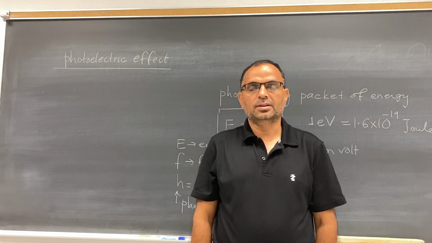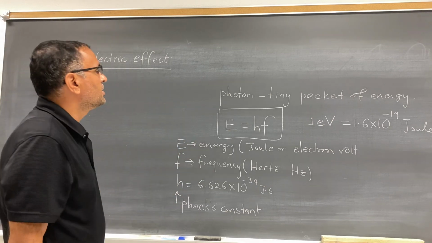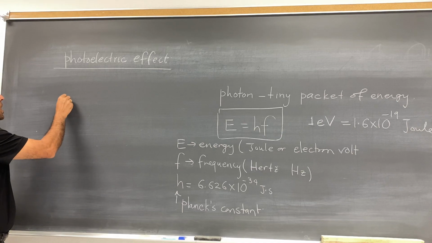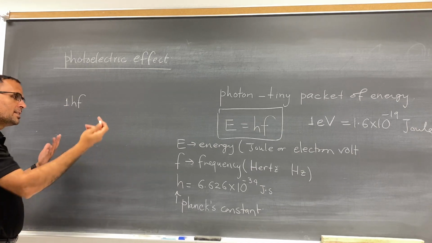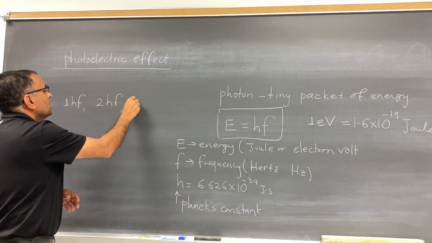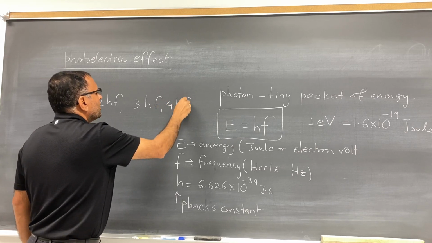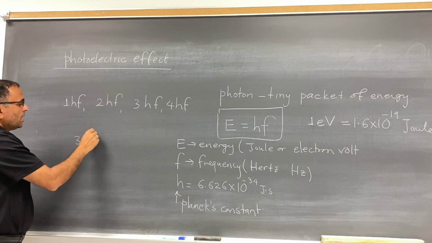You can write the energy as 1 times HF, or 2 HF, 3 HF, or 4 HF, but you cannot write 3.2 HF.